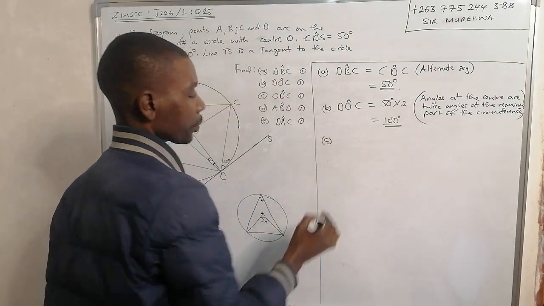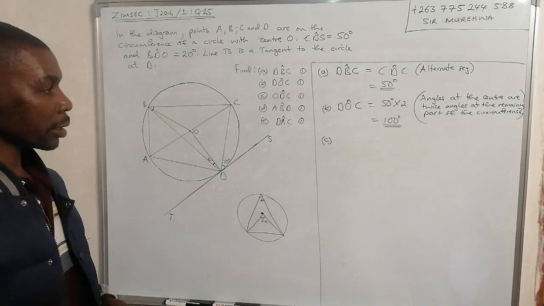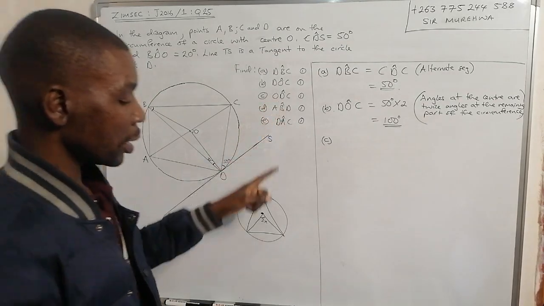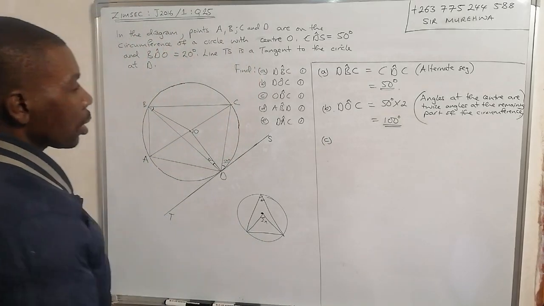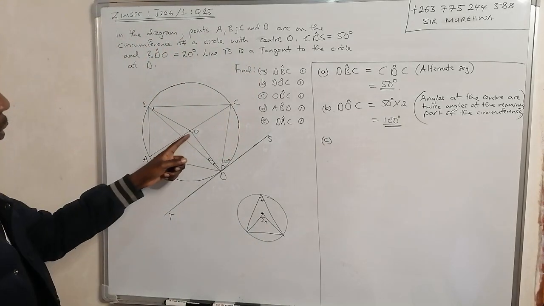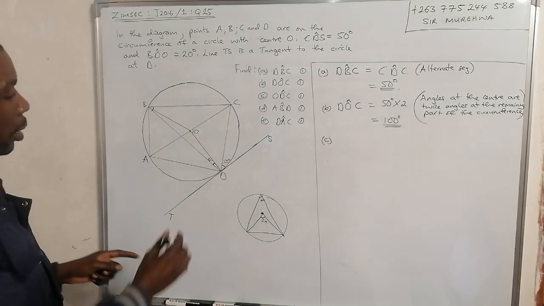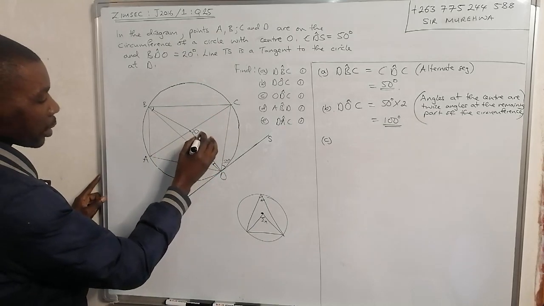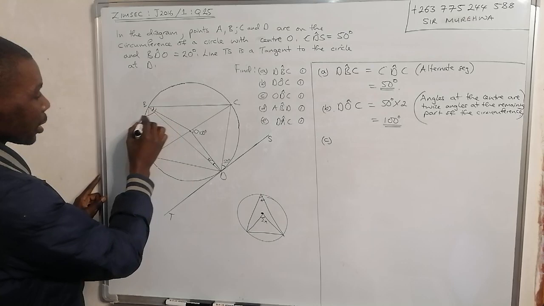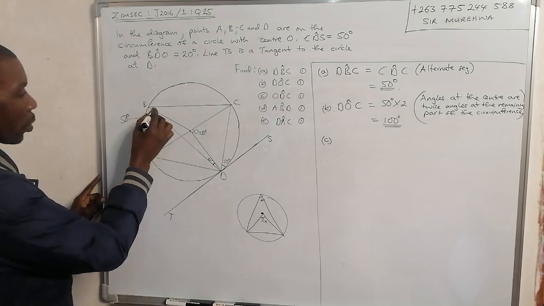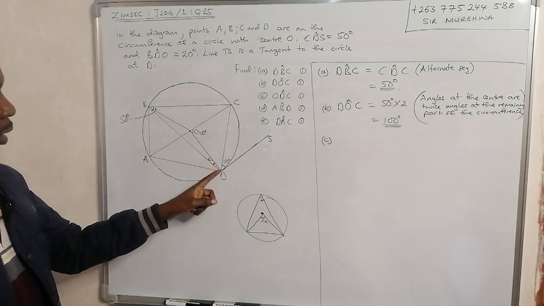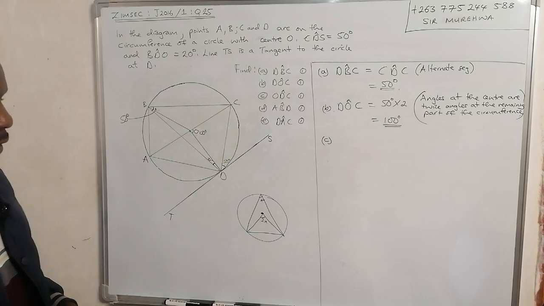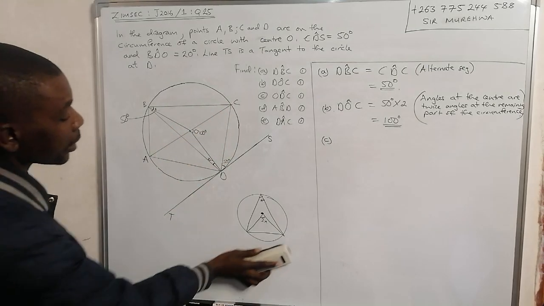Then part C, which is asking for ODC. Remember, we have 100 degrees here and 50 degrees here. We can use properties of tangents again.